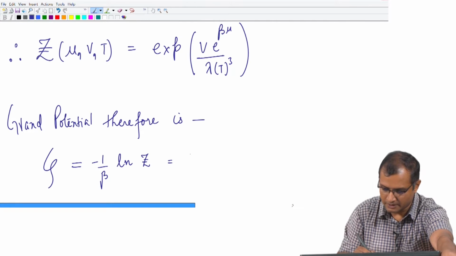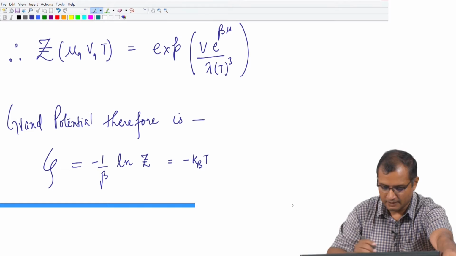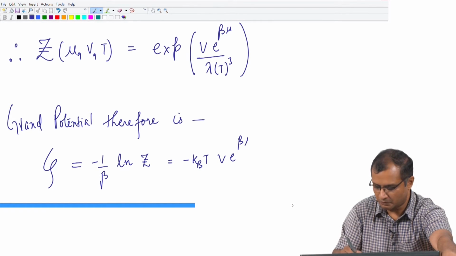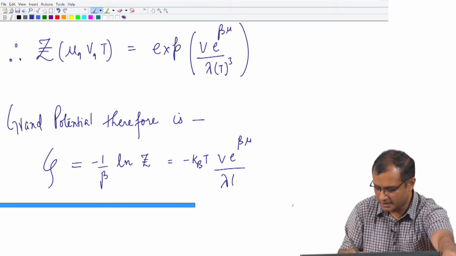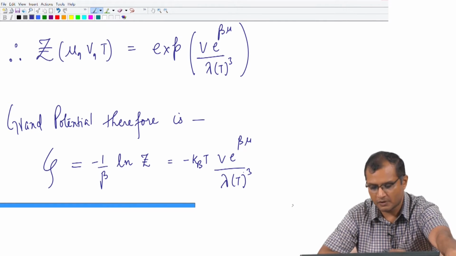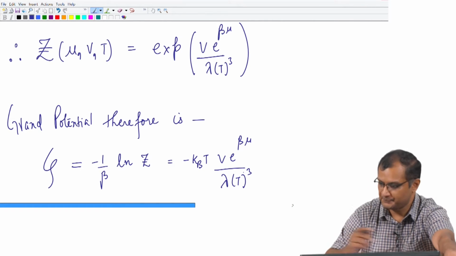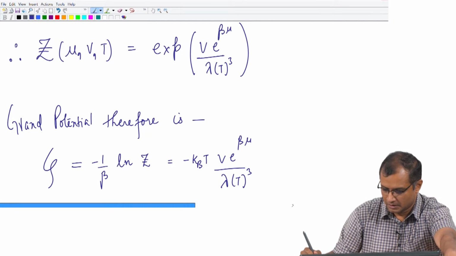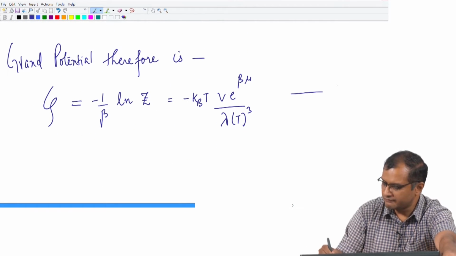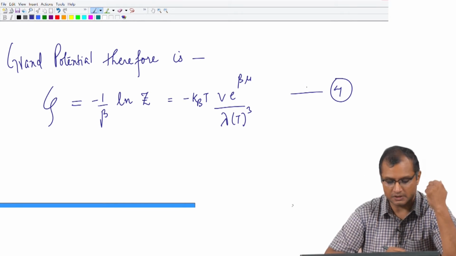So, this would be nothing but minus kBT into ln of V e raised to beta mu over lambda T to the power 3, okay. Natural log of the exponent is nothing but 1. So, now let us call this equation 4. So, this is our grand potential.